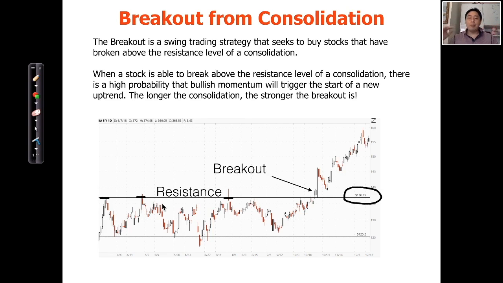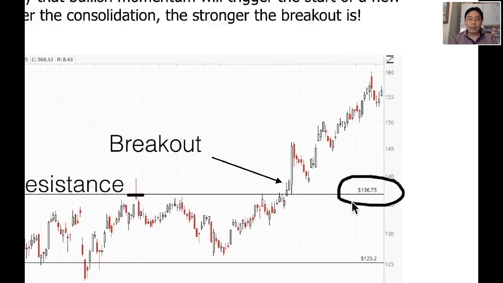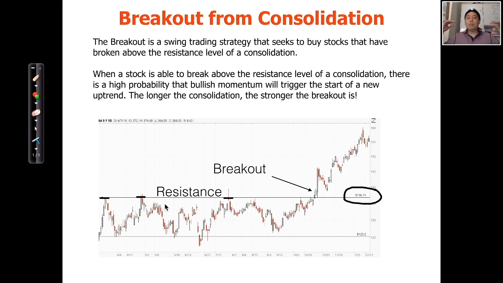What creates a resistance means at 136.75, there's more supply than demand. That means many sellers are waiting there to sell. So the moment it gets to 136.75, sellers will rush in, they'll sell, sell, sell, and push the price down. So it tells you that there are many, many sellers that are over here waiting to sell.